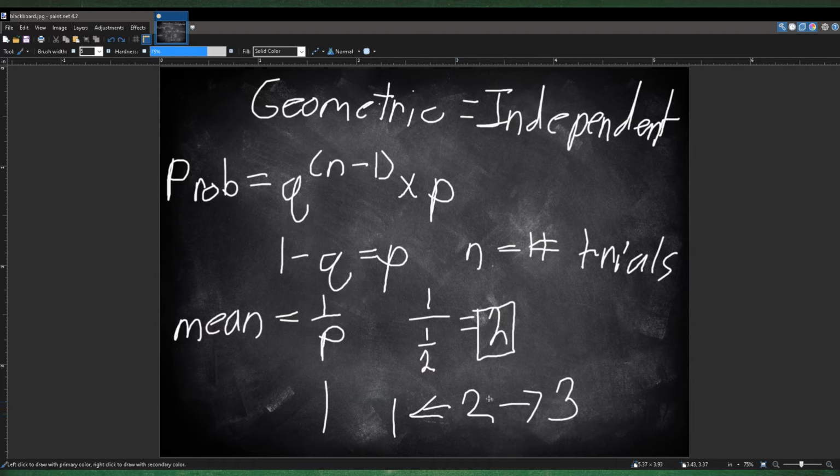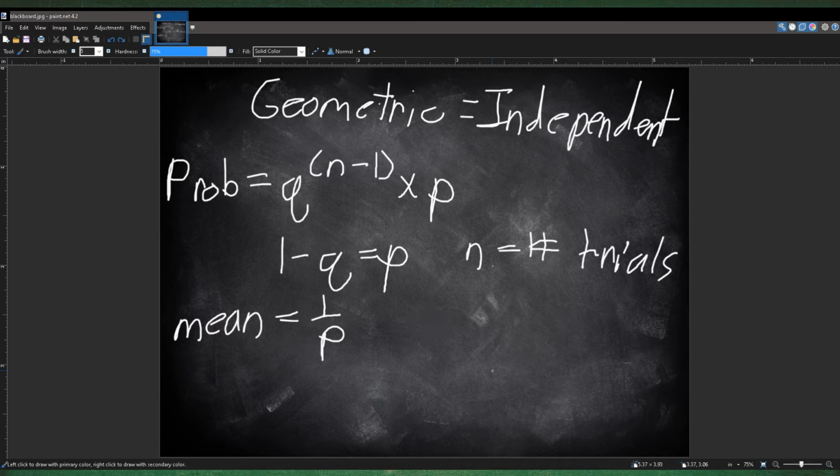Then it's not really that unusual if you get 1 heads or 3 heads. But maybe if you get something like 4, it's kind of really unusual. I mean, it takes you 4 coin flips to get 1 head, instead of taking 1 coin flip, 2 coin flips or 3 coin flips. So this basically tells us how unusual it is, because this is the idea of statistics, to see how unusual the data is.